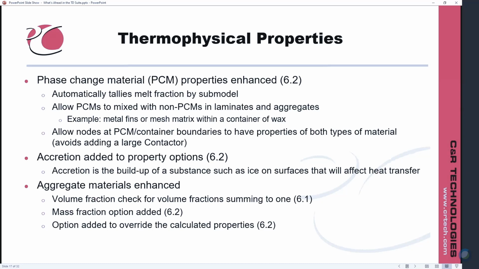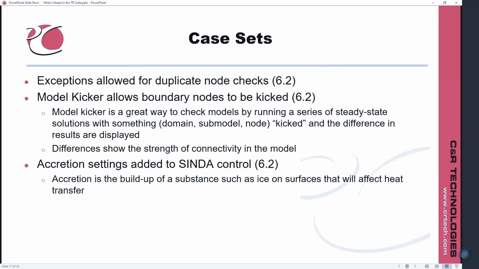We've also in 6.2 be adding in a mass fraction option as well, and the option to override the calculated properties. So you might have an aggregate material where you know the conductivity from a vendor sheet, but you need to calculate the density and specific heat for the bulk. So you can certainly do that and then override the conductivity with the known values.